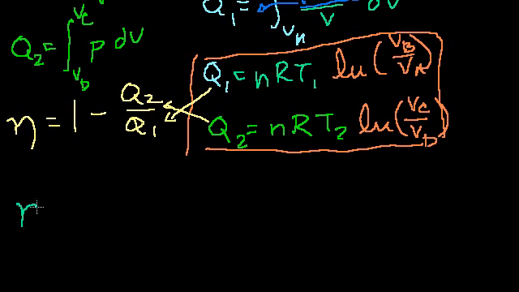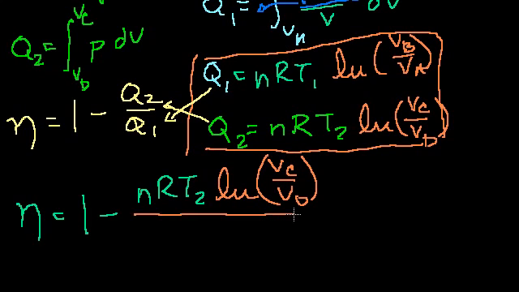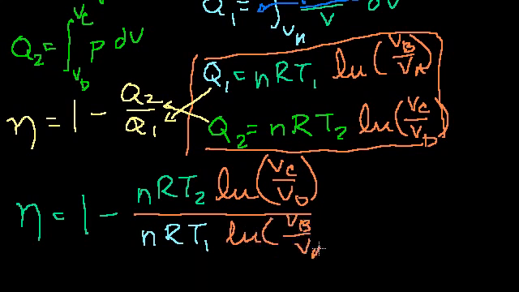You get the efficiency of your engine is equal to 1 minus Q2, which is this expression over here, nRT2 times the natural log of VC over VD, all of that divided by Q1, which is this one over here, nRT1 times the natural log of VB over VA.